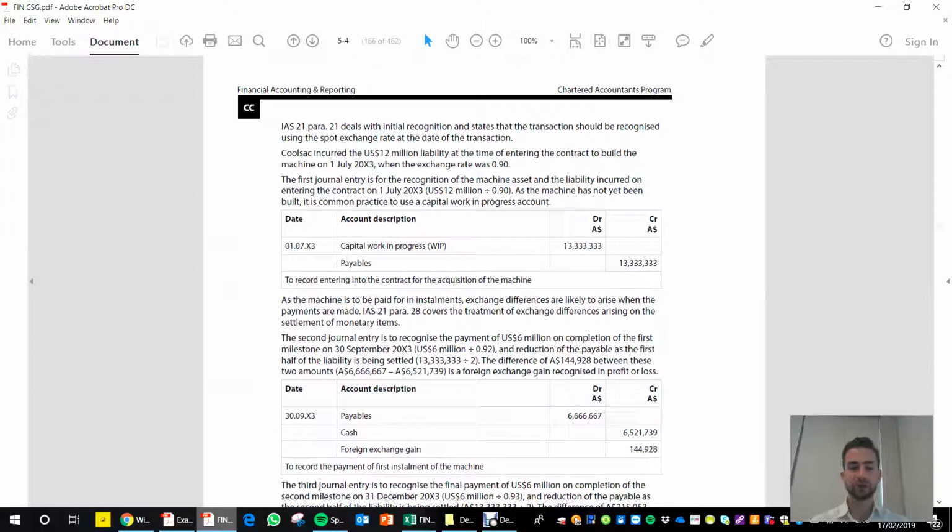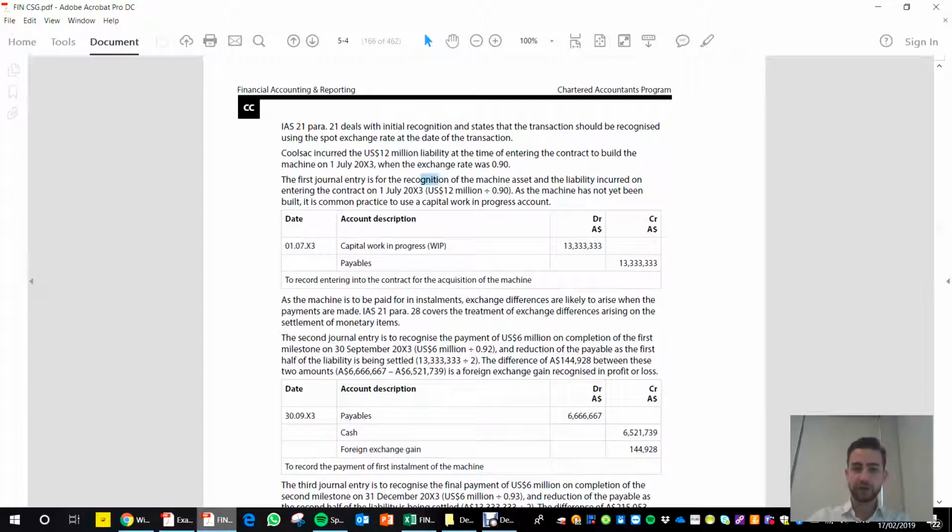So the standard journal is going to be a payable on the credit side, and the debit side is going to be the capital work in progress because we're using manufacturing accounting. This is an asset that you're entitled to, so you have to recognize that amount. So capital work in progress reflects the dollar value of the equipment that's being built.